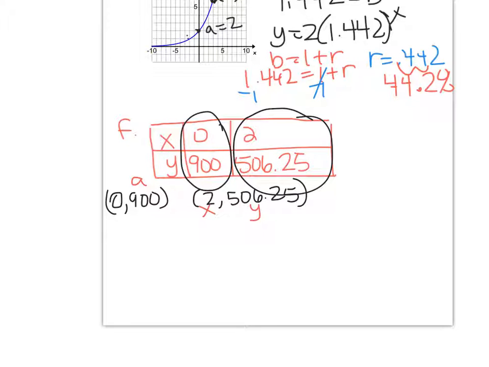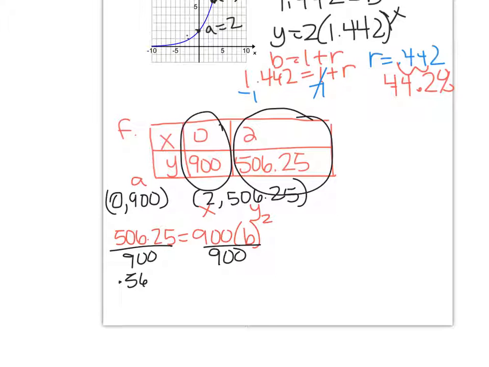So y equals 506.25 equals a, which is 900, times b to the x, which is a 2. So we're going to divide by 900, which is 0.5625.